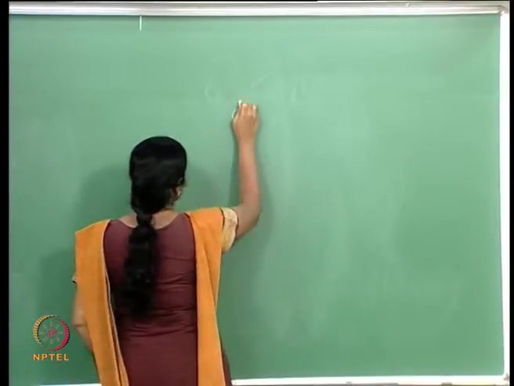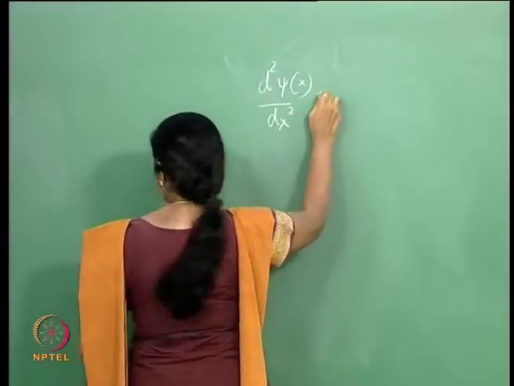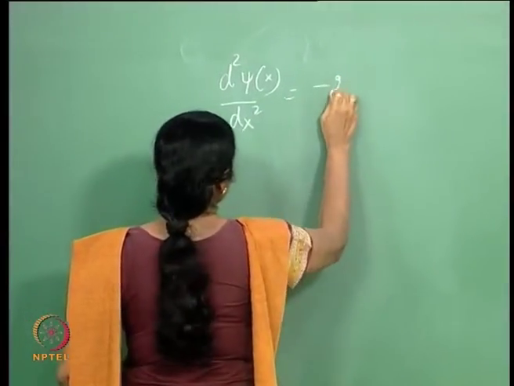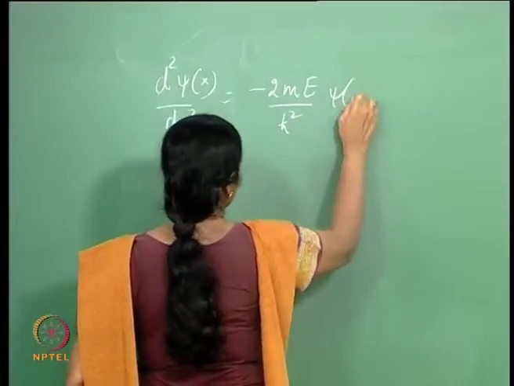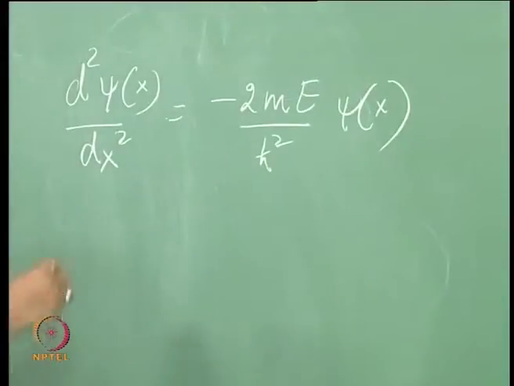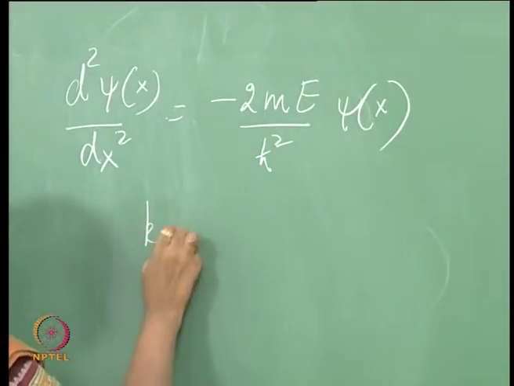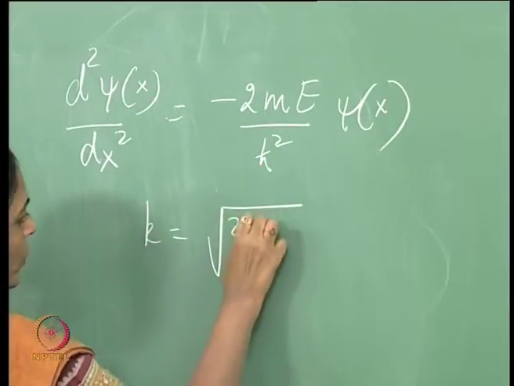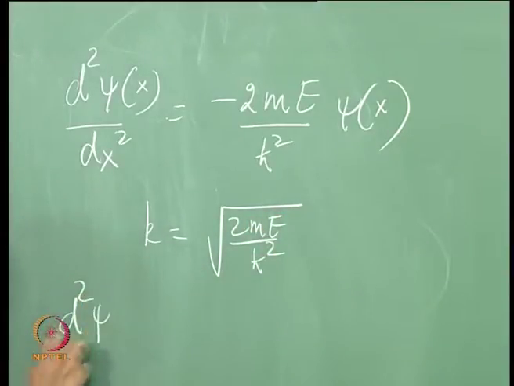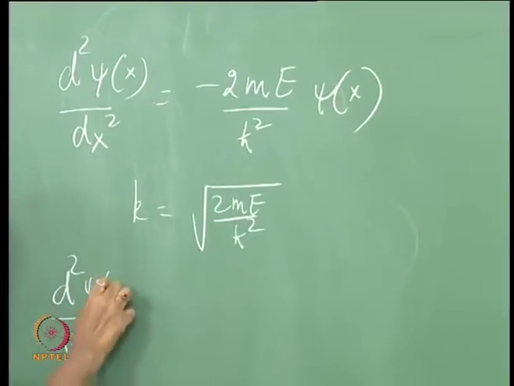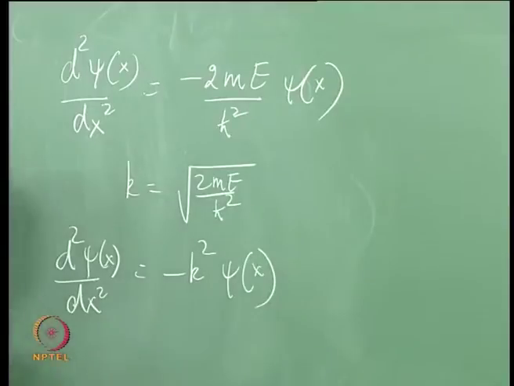So this tells me that d2 psi of x by dx squared is minus 2mE by h cross squared psi of x, and this is a constant. So I define k as square root of 2mE by h cross squared, and therefore I have d2 psi by dx squared is minus k squared psi of x.